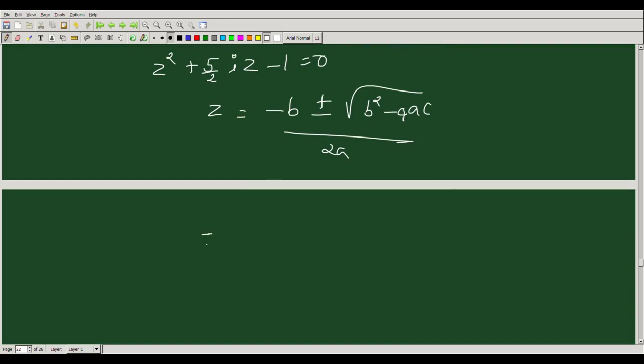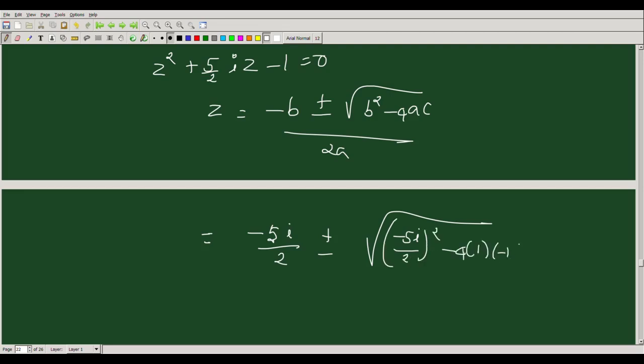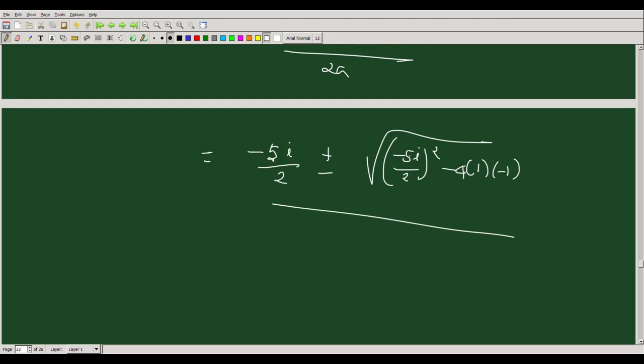Which is equal to, b is minus 5i by 2, plus or minus square root of minus 5i by 2, the whole square, minus 4 times a, which is 1, and c is minus 1, divided by 2 into a, where a is 1.